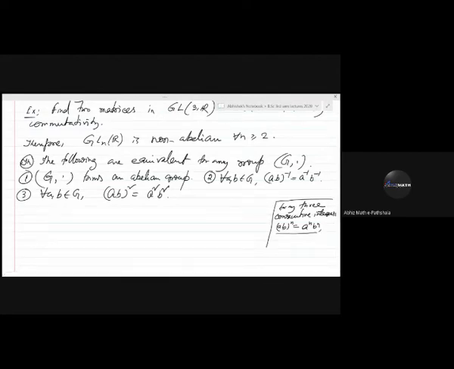So not only is it true for these things, 2 and 3, we will get a more general version. Okay. So let us have a look at the proof.